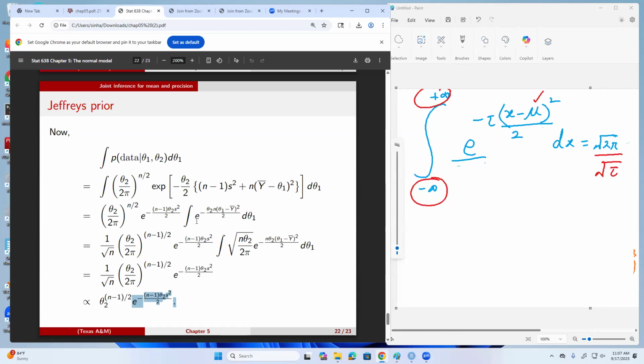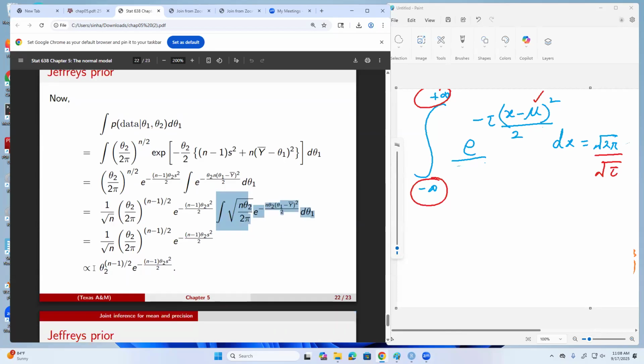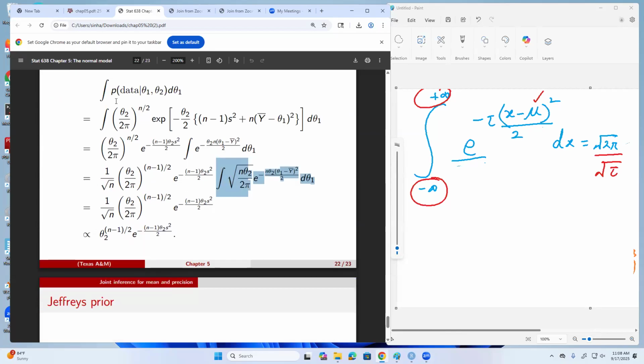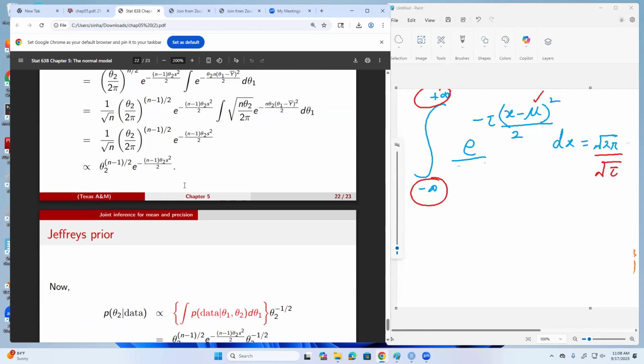For your better understanding, what I did is I multiplied this integration by this quantity and divided by the same quantity, so that this integration now becomes 1. This is the normal density integration. So wonderful, you get the data in terms of theta 2 after integrating out theta 1.